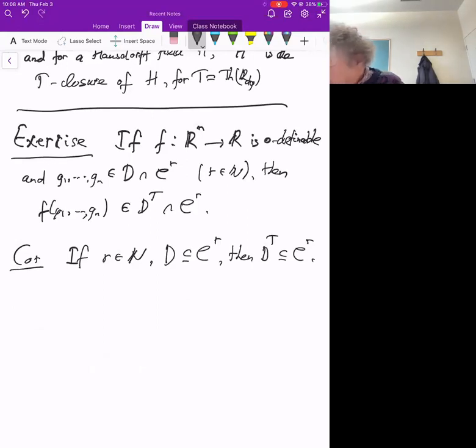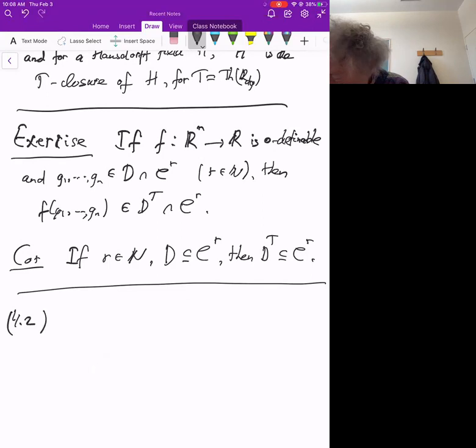Okay, so now we go to subsection 4.2, adjoining a germ to an R tilde domain. This is again an analog of what we did for Hausdorff fields.